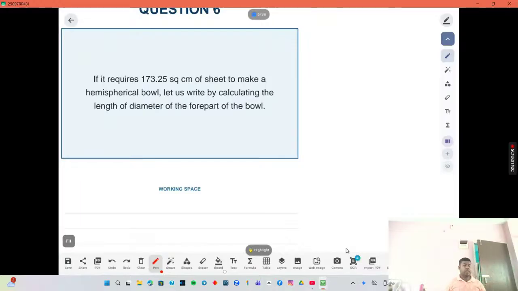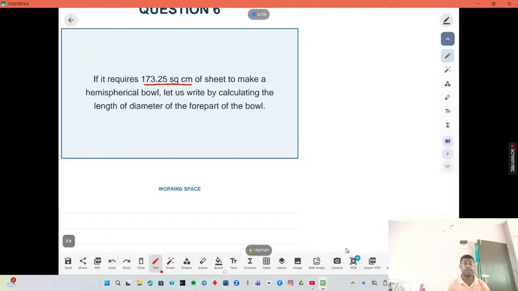In the next question, it is given that if it requires 173.25 centimeter square of sheet to make a hemispherical bowl, let us find the length of the diameter of the top of the bowl.